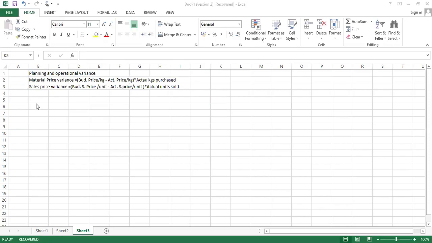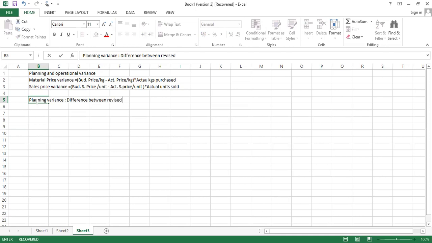Now we are talking about planning and operational. Planning variance means what? The word planning shows the difference between the revised and original budget. Difference between two budgets basically: one is the original and the other one is revised. And what is meant by operational?